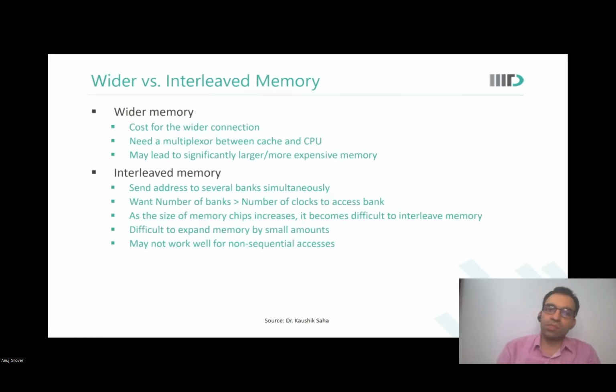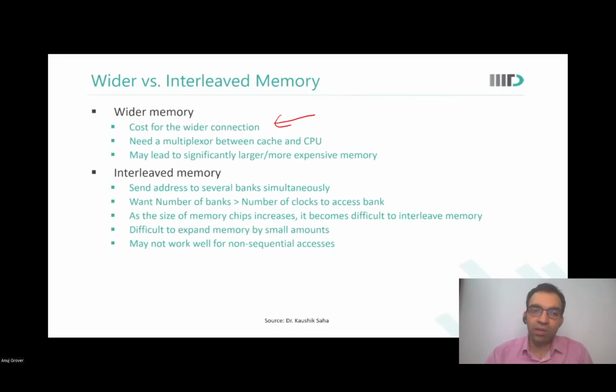So the comparison between the two is, for wide memory, it is a huge cost. That many extra pins need to be there. There is a multiplexer that needs to be put between cache and CPU, which may lead to more delays. Interleaved, on the other hand, is not as much area increase.